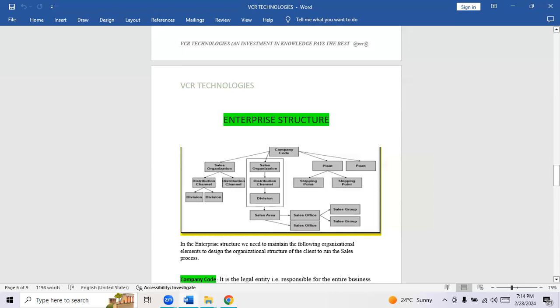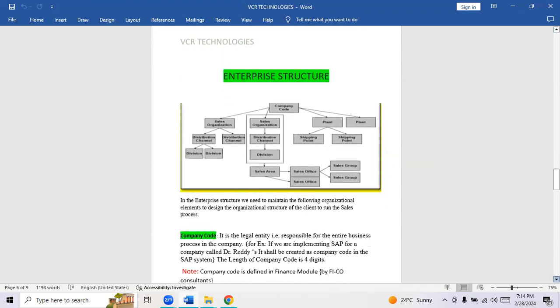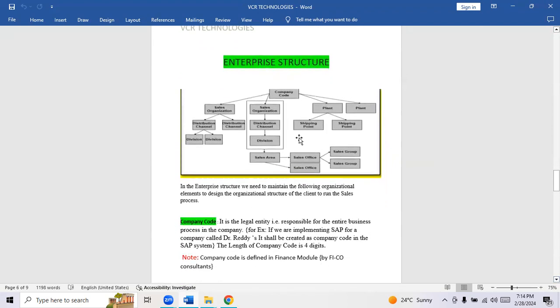Enterprise structure is the fundamental key to any project. This is the main abbreviation of the enterprise structure, which has all these organizational elements. Here, first we will discuss these organizational elements one by one.